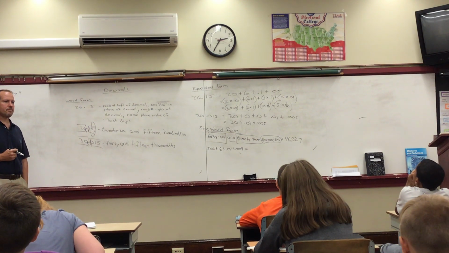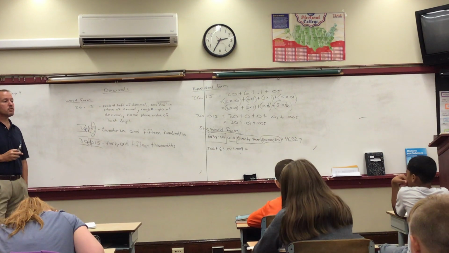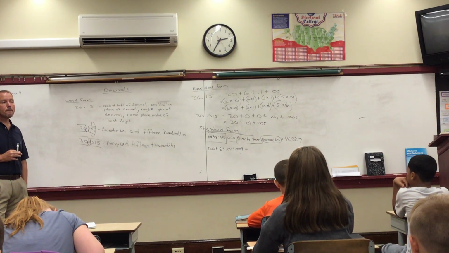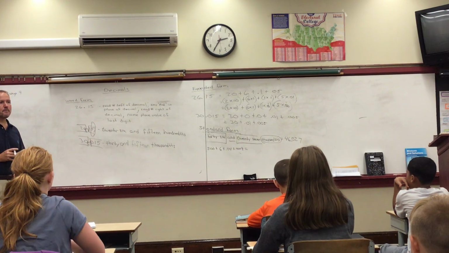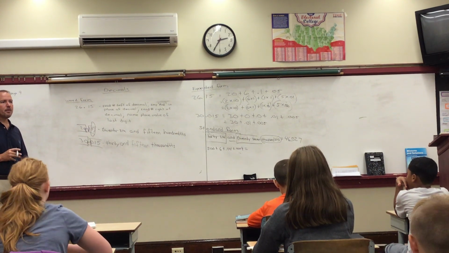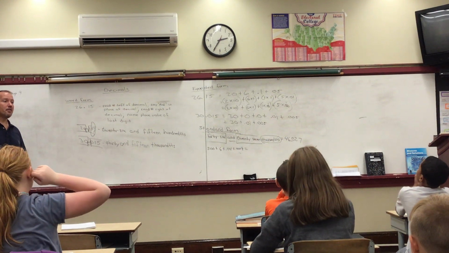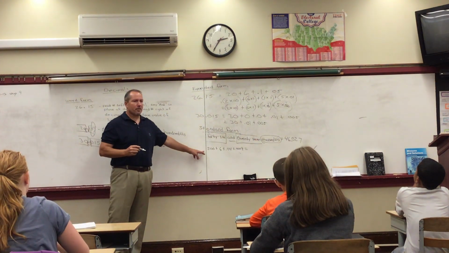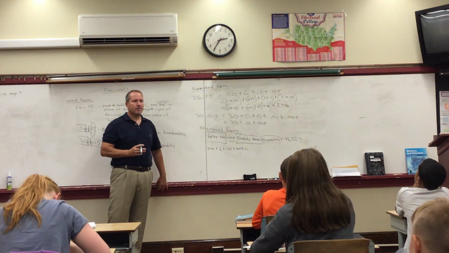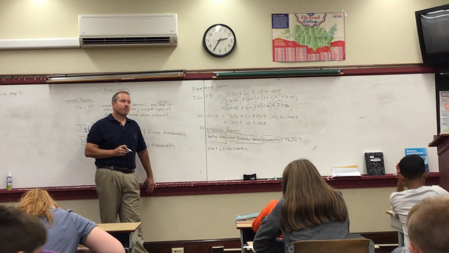Declan? Not 500. The first digit we're going to write is the 5. What place value is that 5 going to go in? It's going to go in the hundredths place.